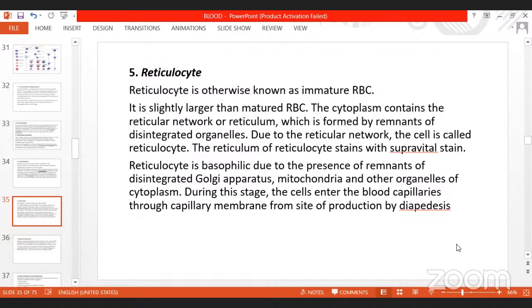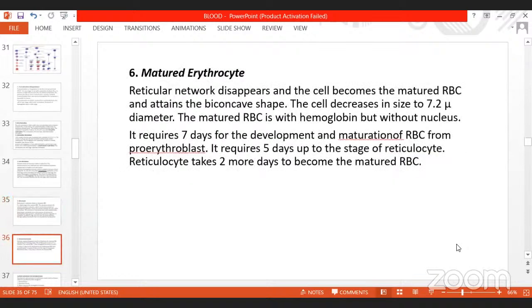During this stage, the cell enters the blood capillary through the capillary membrane from the site of production by diapedesis. And finally, the cell forms the matured RBC or matured erythrocyte. The reticular network disappears and the cell becomes the matured RBC and attains the biconcave shape. Its size is around 7.2 micron, and there is hemoglobin and no nucleus.